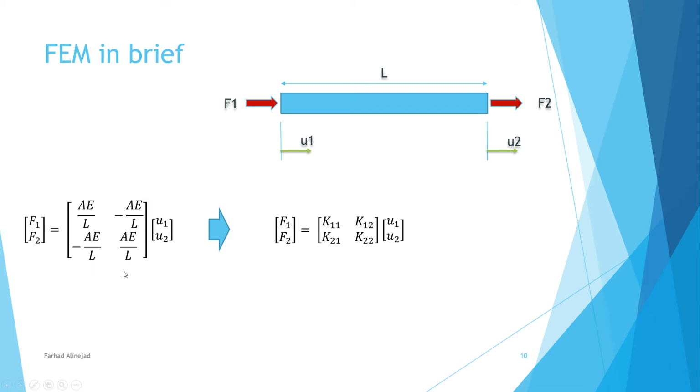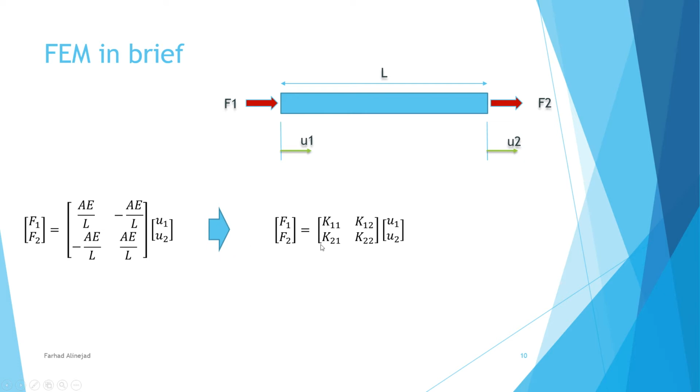Let's take a look at the items inside this matrix in between. Here we have the modulus of elasticity, A is the cross-section of our rod, and L is the length of our rod. So this matrix comprises the geometrical and material properties of my components.